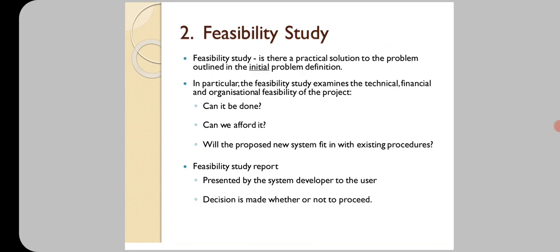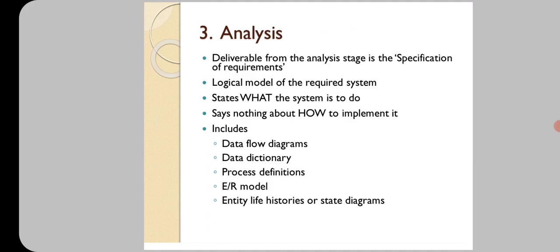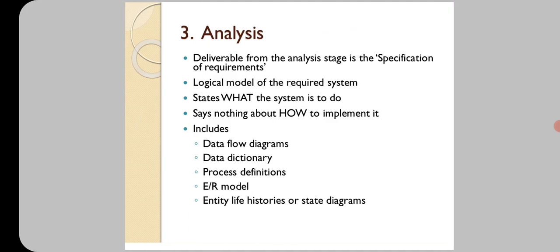Generally the feasibility report is prepared by system developers, and based on that report only the decision is taken whether we can proceed further or not. So that is called the feasibility study or feasibility report.